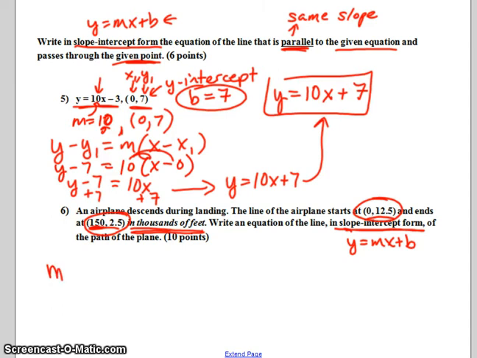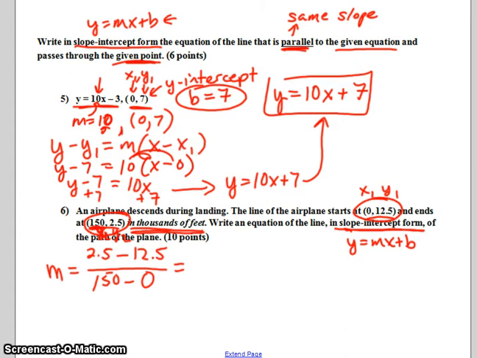So m equals, well, we'll call this my second point, x2 and y2, and then this is x1 and y1. So we'll do 2.5 minus 12.5 over 150, because that's x2, minus 0.